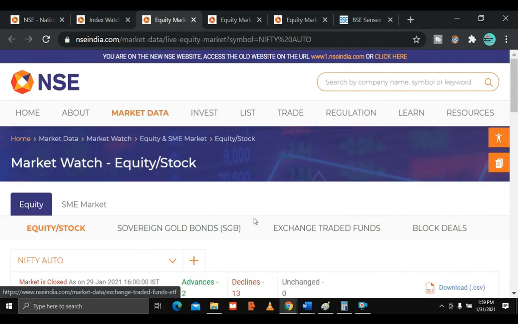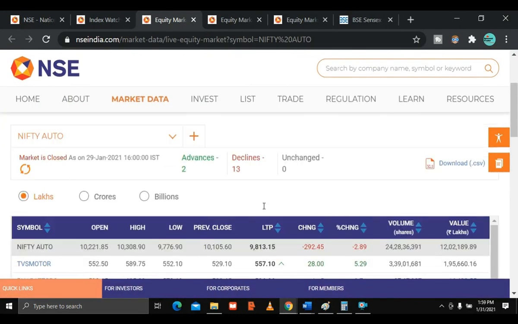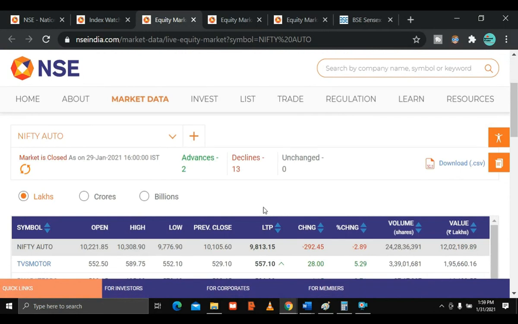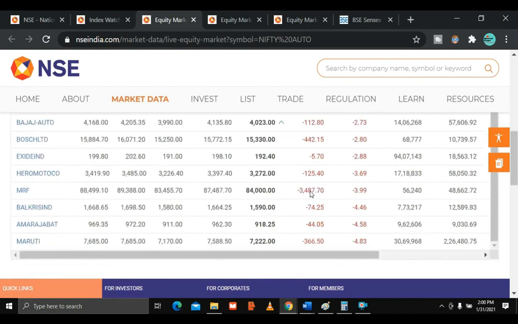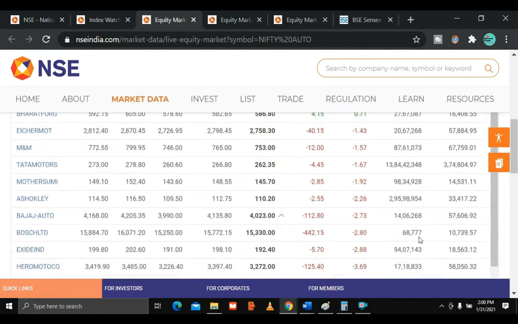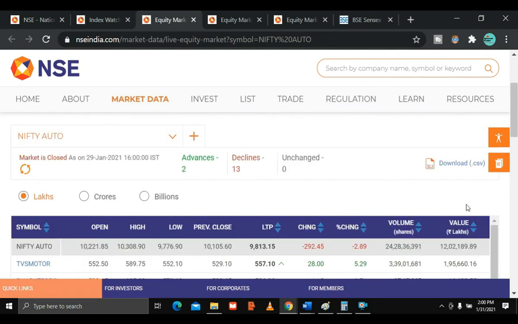It's not showing yet. It is showing the whole index actually. I want to see the price. The lot size will be there for each and every index. Just remember that one. In future coming videos, I will show you.